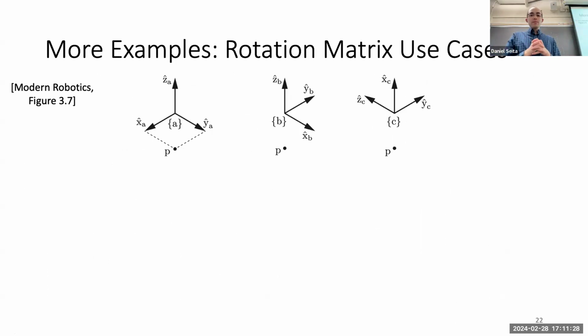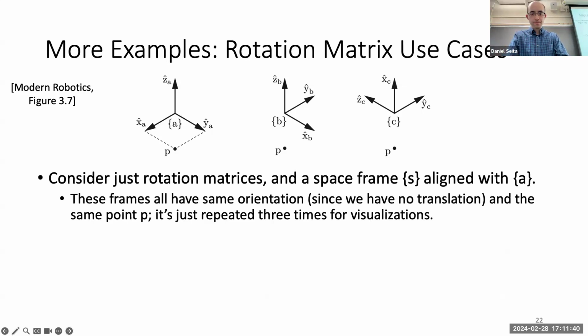All right, so here's some more examples of rotation matrix use case. The way that modern robotics writes is that they write their frames separately, but they're supposed to coincide. But we write them separately because it's easier to visualize them if they're not all together.